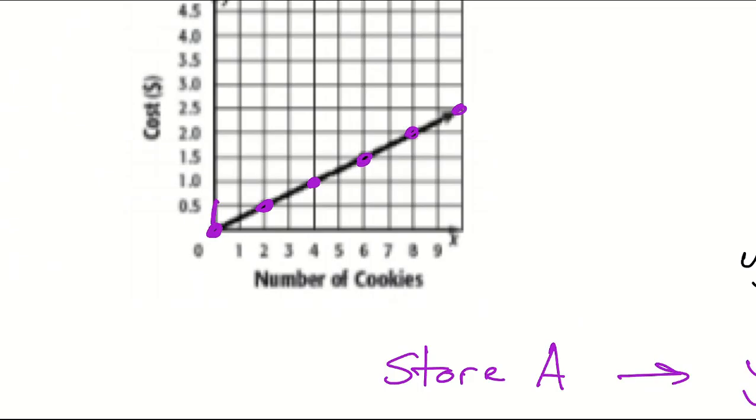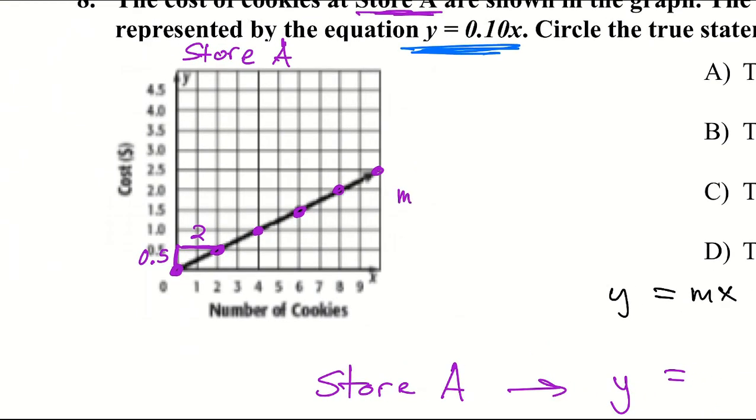I'm just going to use these two here, right, to get the slope. This looks like 0.5, and then 1, 2, so this is 2. So for my slope, rise over run, the rise is 0.5, the run is 2. I'm going to use a calculator. I'm going to get that my slope is 0.25.